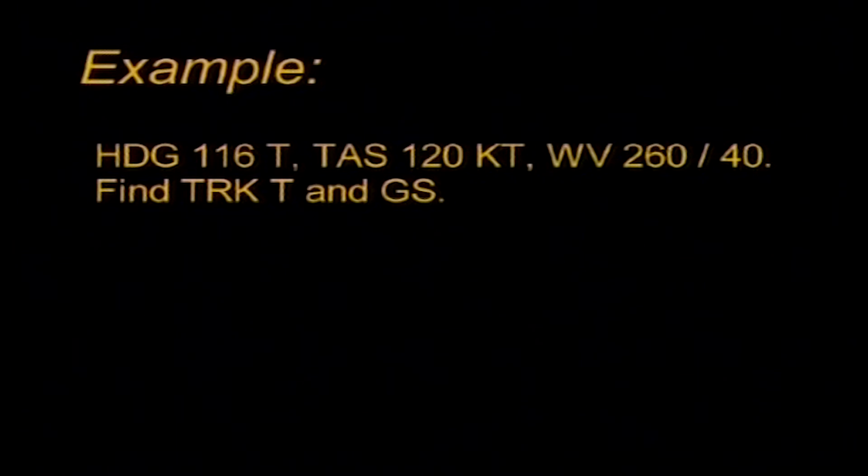Let's try an example. Your heading is 116 degrees true, TAS 120 knots, wind velocity 260 40 knots. What is the track true and ground speed? First of all, decide which side to use. Since TAS is 120 knots, use the low speed side.